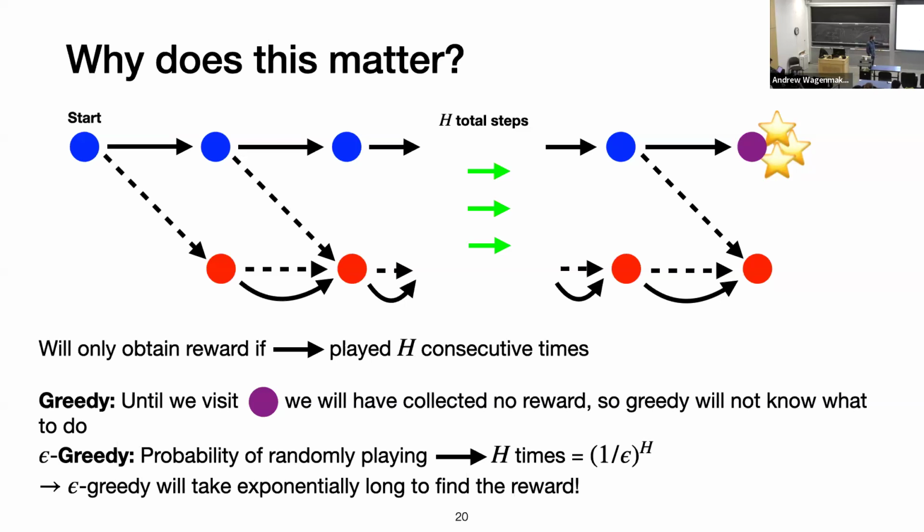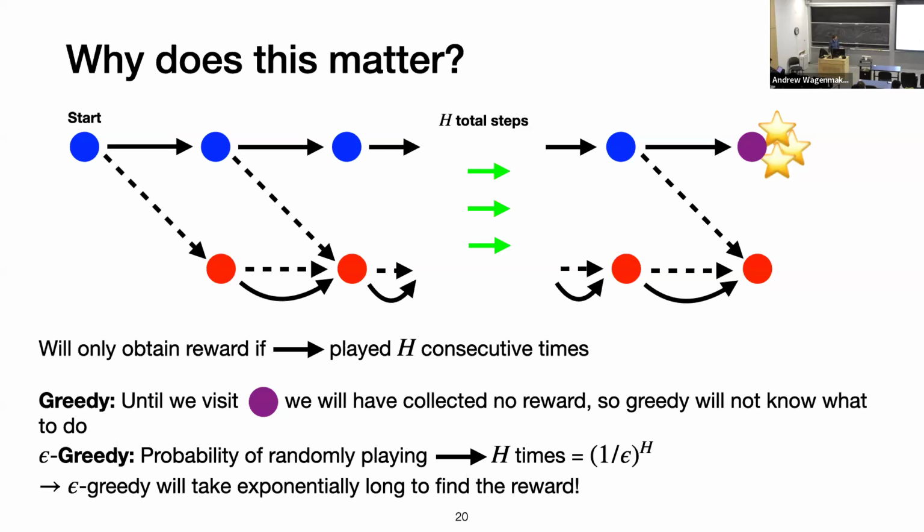At every possible step, if I'm playing roughly randomly, I'll sample the solid action with probability epsilon. So if I'm going to do that h consecutive times, the probability of that occurring is epsilon to the h. The number of times you need to sample for this to occur is roughly 1 over epsilon to the h.